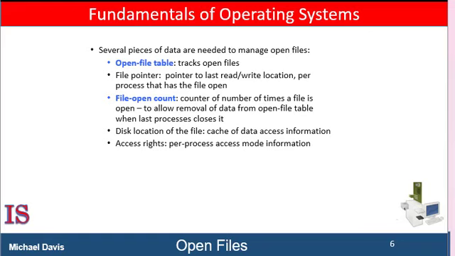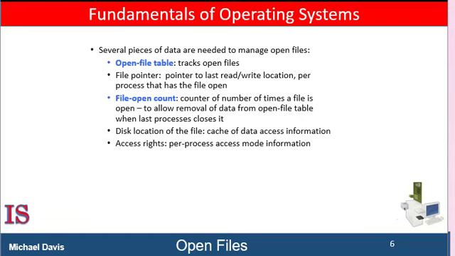On systems that do not include a file offset as part of the read and write system calls, the system must track the last read-write location as a current file position pointer. This pointer is unique to each process operating on the file and therefore must be kept separate from the on-disk file attributes.